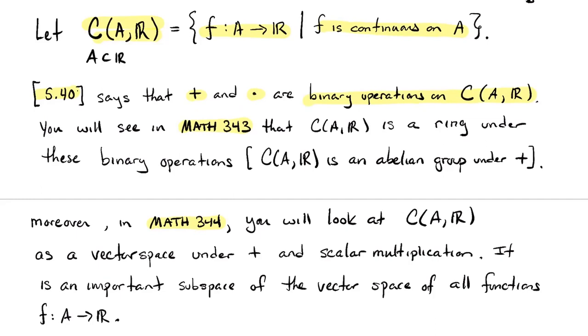And because these functions take outputs in the real numbers, those binary operations have all kinds of properties. If you've taken the abstract algebra course before, you know what this terminology means. That set actually forms a ring under those two binary operations. It's actually a commutative ring with unity. It's a very nice ring.